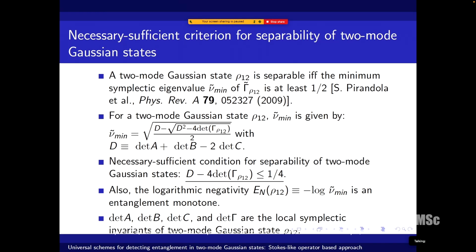Only 2, because in Williamson's form you have nu 1 and nu 2 on the diagonal. So the minimum symplectic eigenvalue of gamma tilde being at least half is a necessary and sufficient condition for separability.